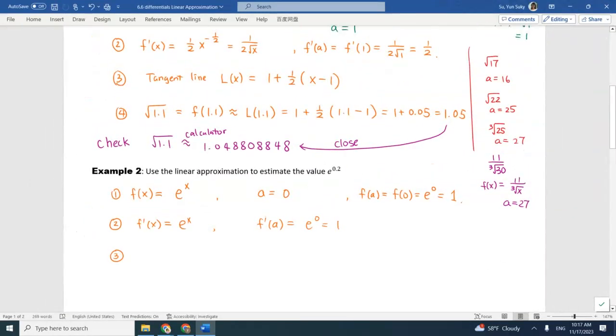See, our last problem. Tangent line, yes. Tangent line is what? f of a, which is 1, plus f prime of a, which is 1, times x minus a. What's a? 0, yes. You see, we get 1 plus x.